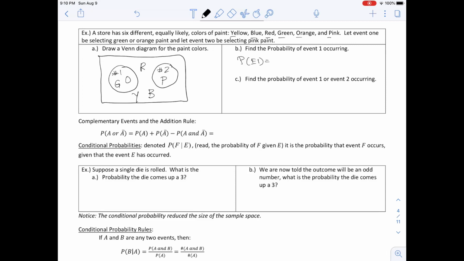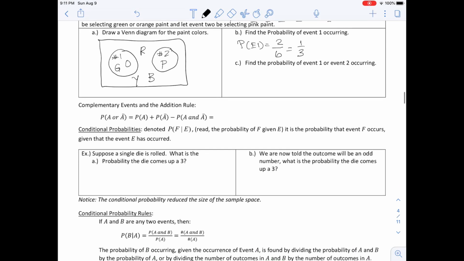So the probability of event 1 is going to be, we have a total of 2 colors out of a total of 6. And this is going to simplify to 1/3. Again, you can write this as a decimal. Rounding at 4 decimal places, we'd have 0.3333.